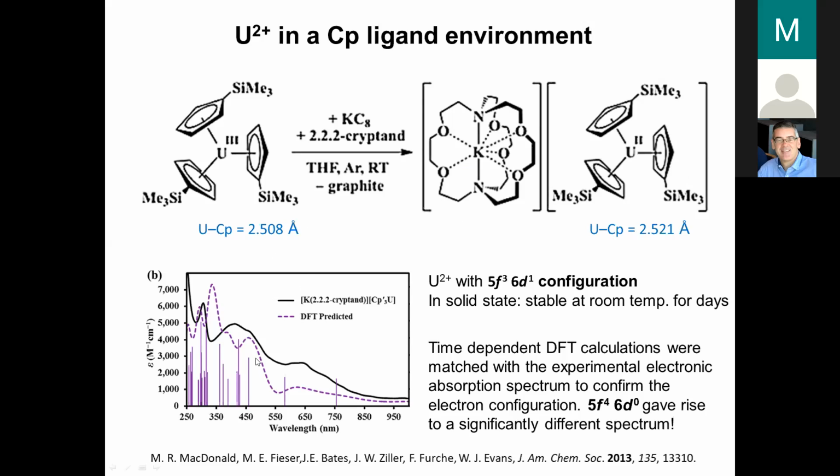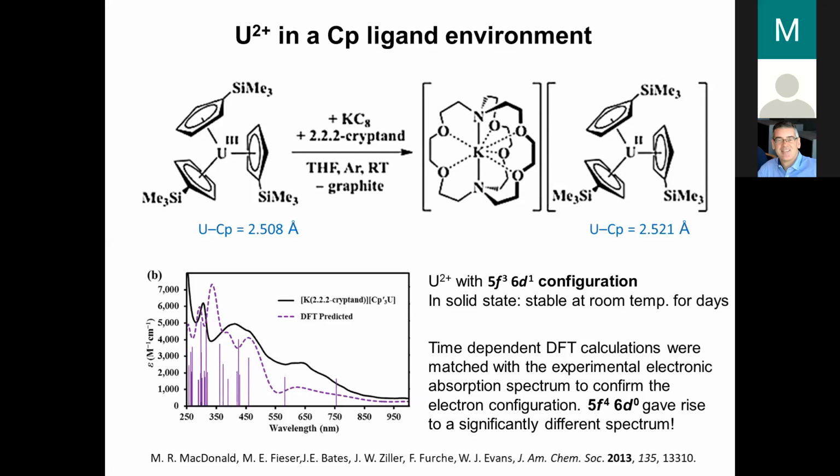Since we talked about electronic absorption spectra a lot before, this is also how the Evans group identified the electronic ground state of this molecule. They recorded an electronic absorption spectrum, looked at the range where FD transitions are expected, and then used quantum chemical calculations to model this electronic absorption spectrum. Now, for probably transition metal chemists, you might think this is not a really great agreement between the calculated spectrum and the experimental spectrum.